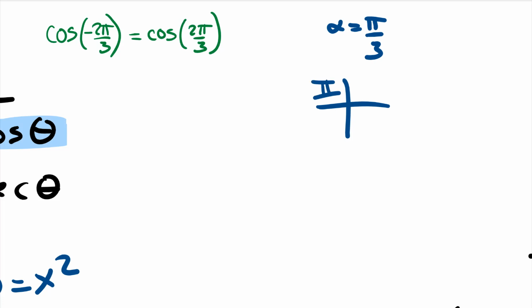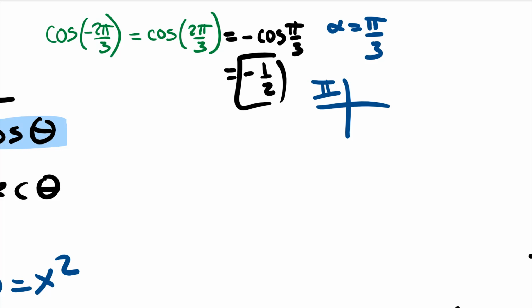So this is going to be equal to negative cosine of the reference angle. Okay? Quadrant 2, cosine's negative. So we get negative 1/2. Or you can add 2 pi to this and find out that you're down in the third quadrant with 4 pi over 3. But cosine's negative there as well. You'd still get the same answer. It's just a quicker way of getting through the problem.